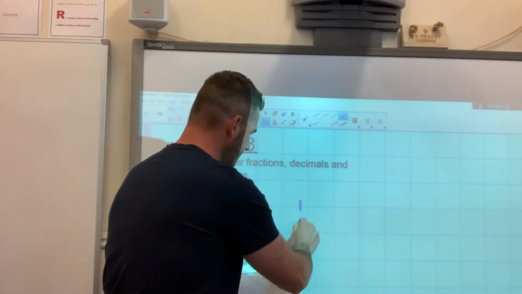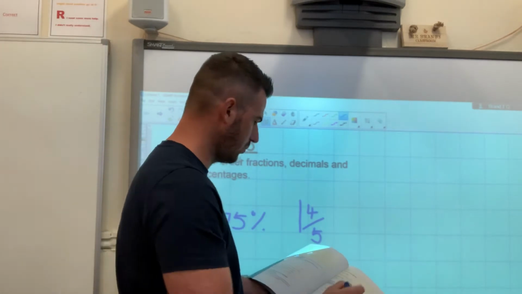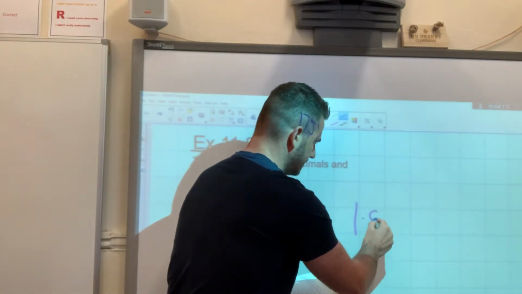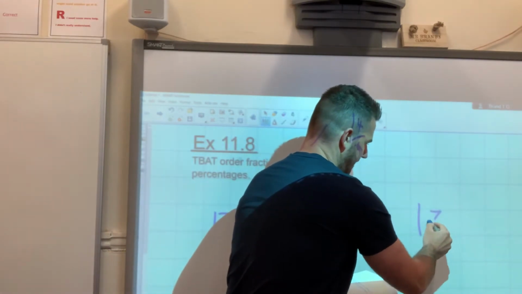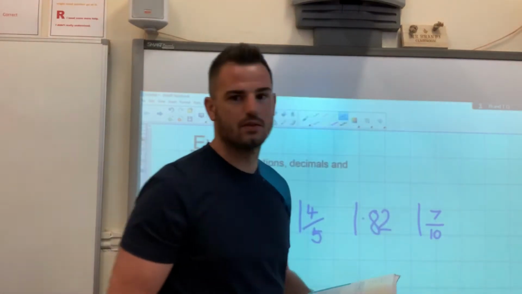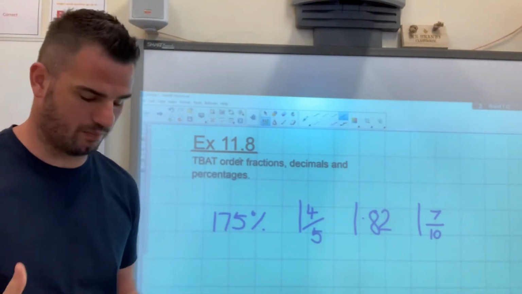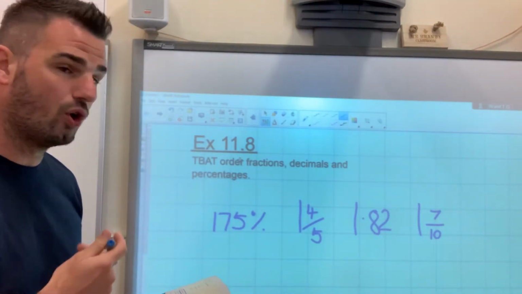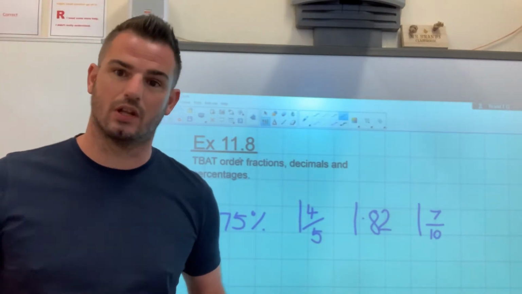We've got 1 4/5. We've got 1.82. And we've got 1 7/10. So you can see we've got our 4 figures or numbers that we need to order. The question is going to ask us to order them from the smallest to the largest.